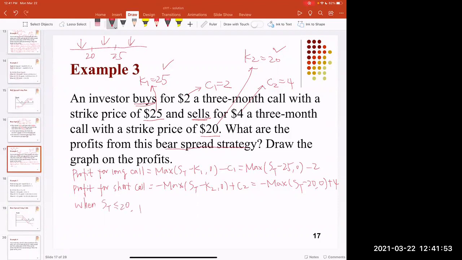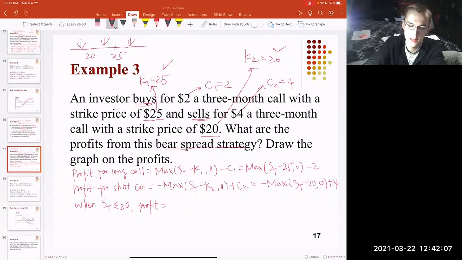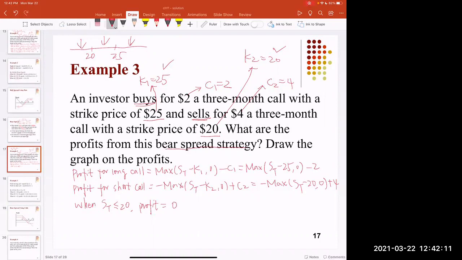What should the profit for the strategy be? First, long, when the stock price is less than 20, ST minus 25 is positive or negative? Negative, so we would use 0. Yeah, that's correct. We take 0 because ST minus 25 is a negative value.